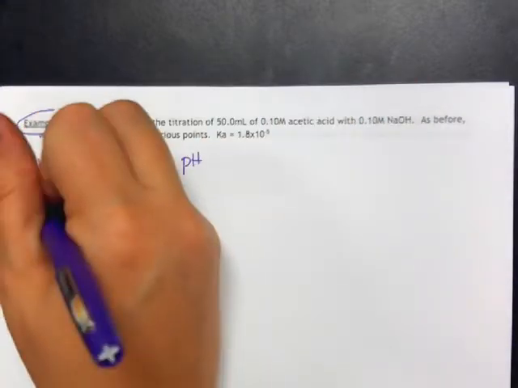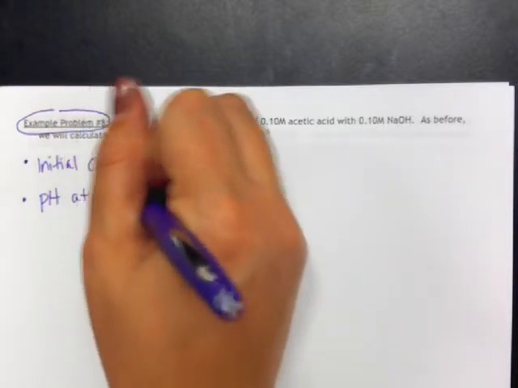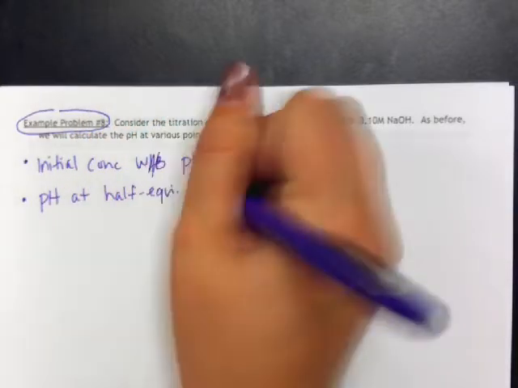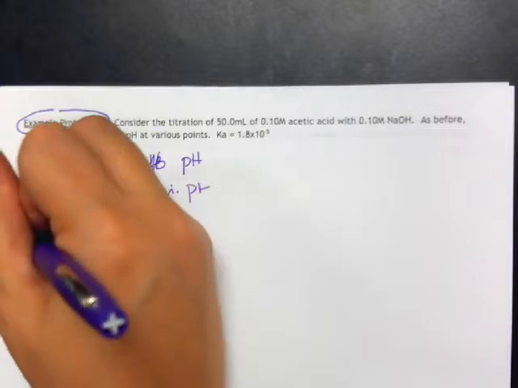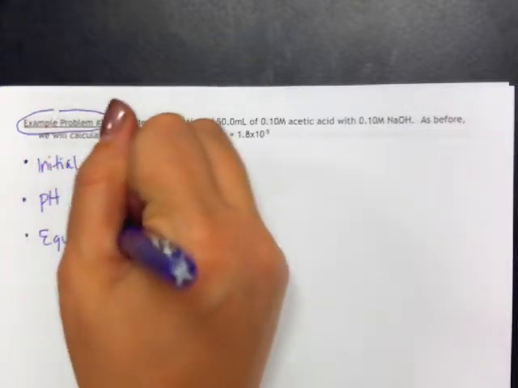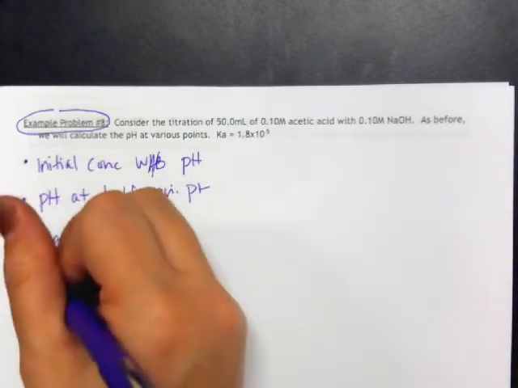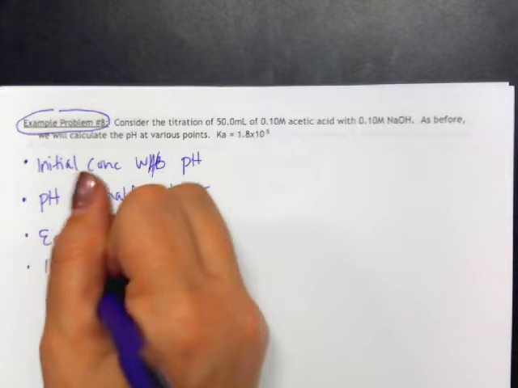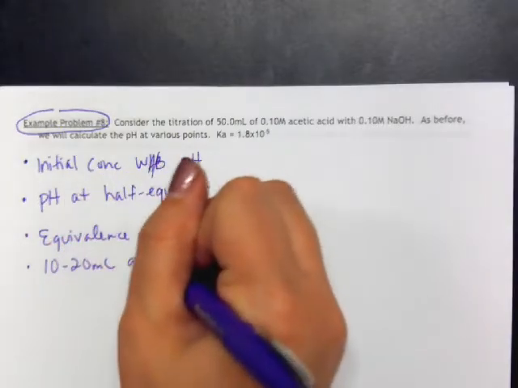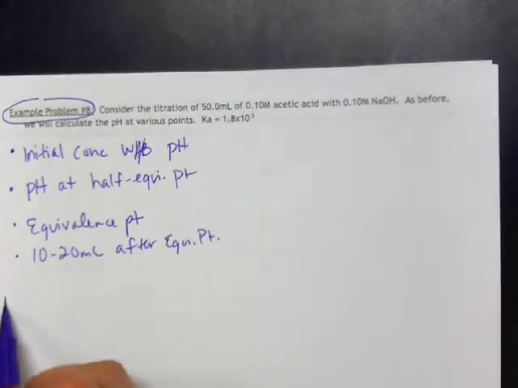And then we want to know what is the pH at the half equivalence point, and then at the equivalence point, and then we want a point beyond that equivalence point, so 10 to 20 milliliters after the equivalence point.